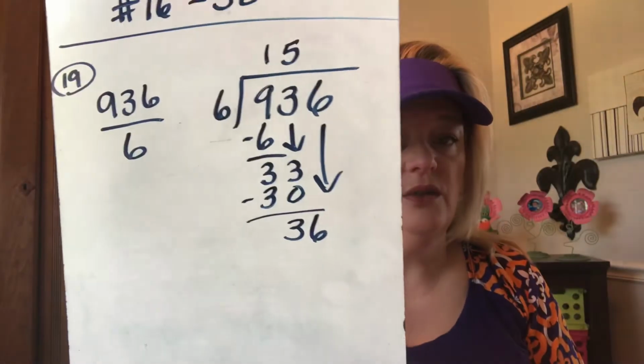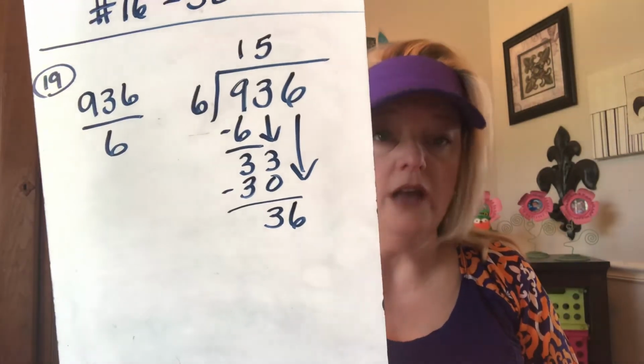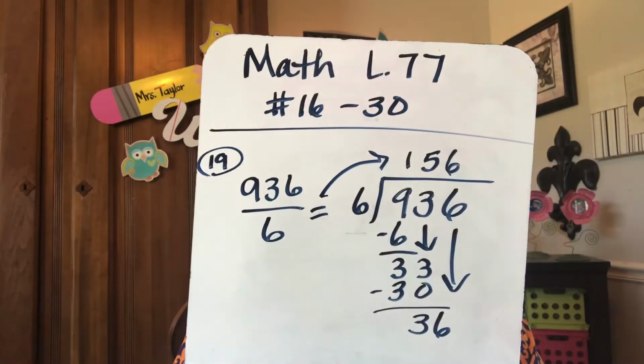So we'll put a 5 there. 30, subtract, I have 3 left over. And now it's 6. How many times does 6 go into 36? Yes, 6 times. So your answer is 156. Pretty cool, pretty cool.